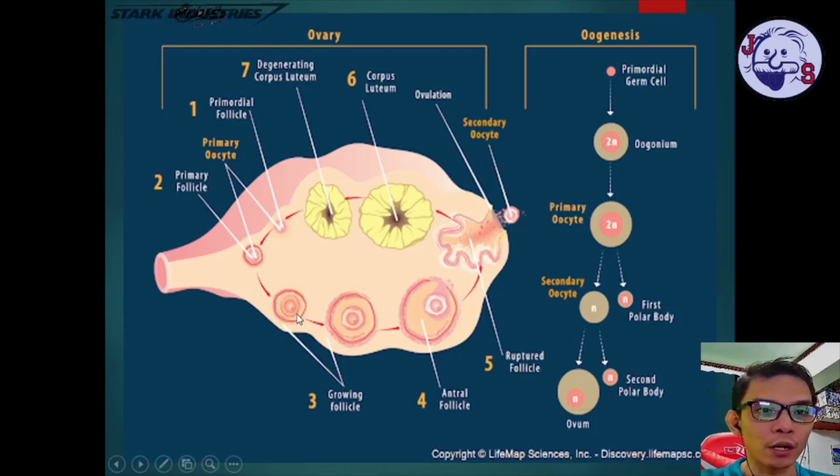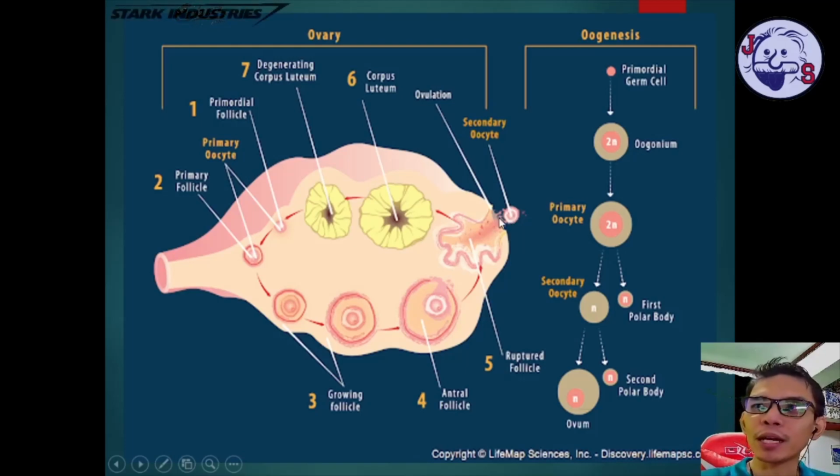Every month there is only one follicle that will be developed, and that one follicle will produce one egg every month. So this is the secondary oocyte.